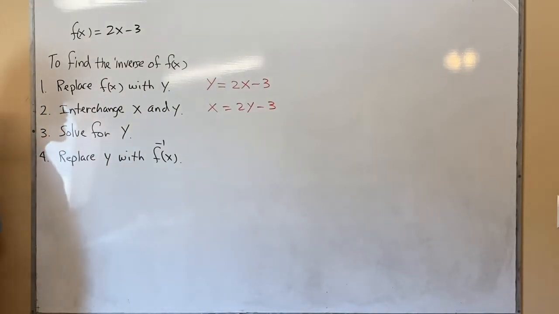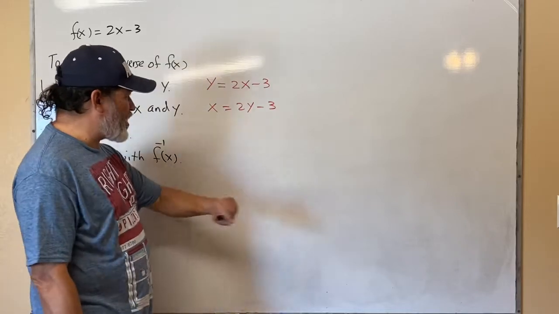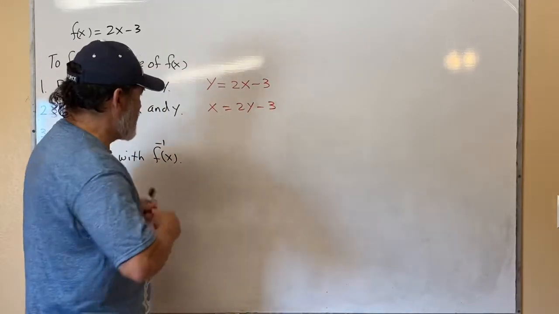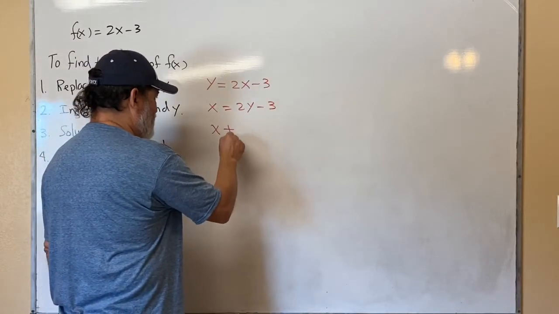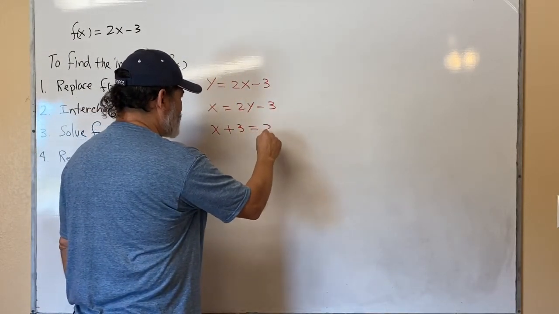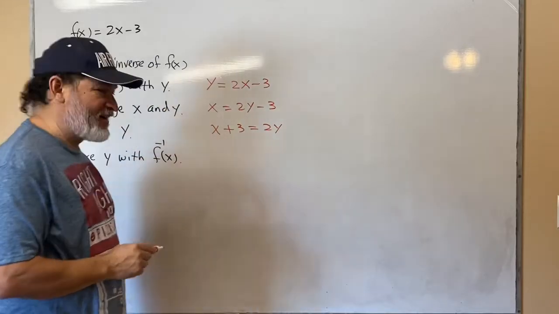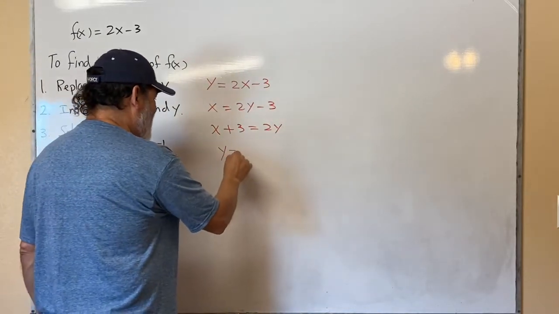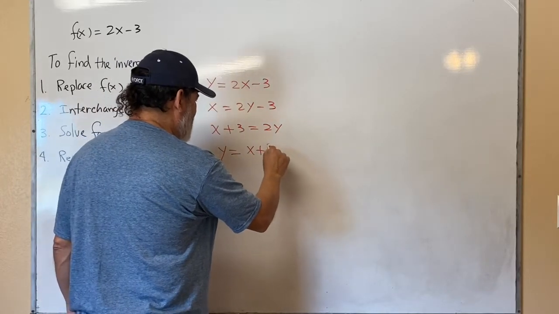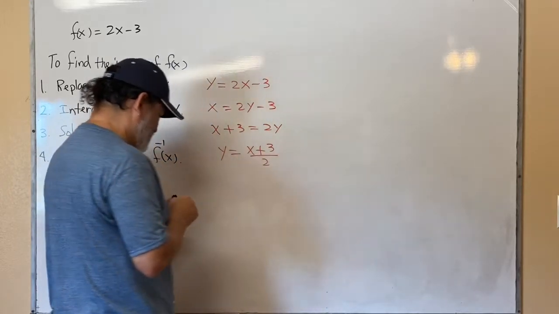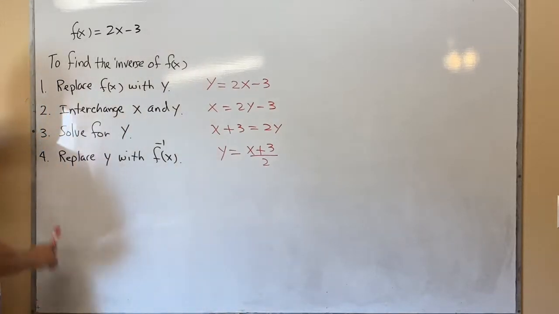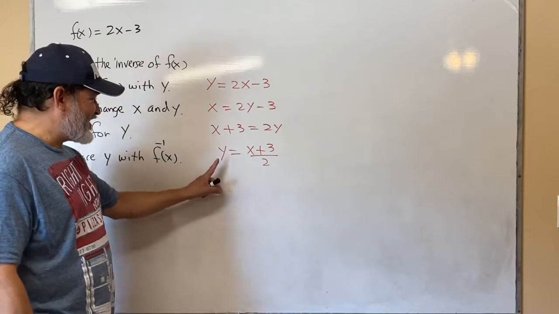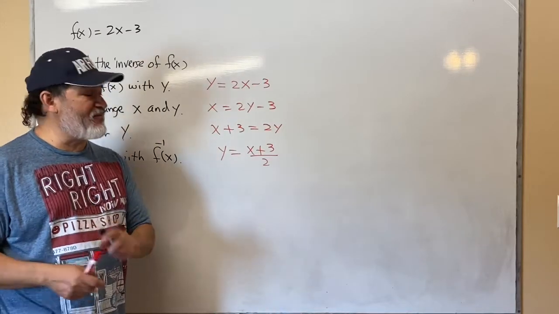3, solve for y. Add 3 first. So x plus 3 equals 2y. Divide both sides by 2. So that y equals x plus 3 over 2. And step 4, replace y with f inverse.